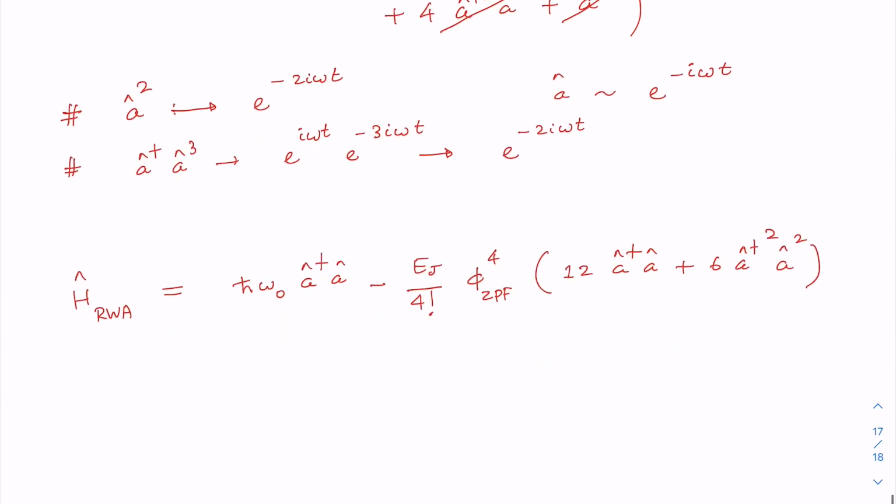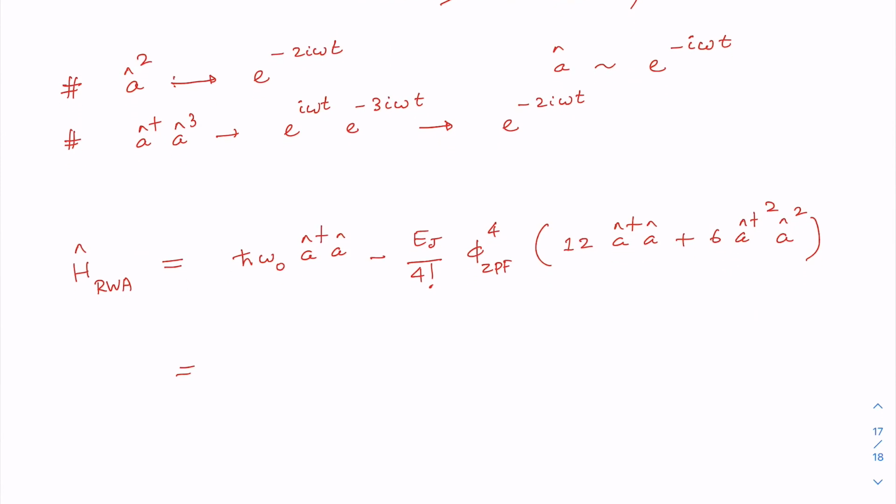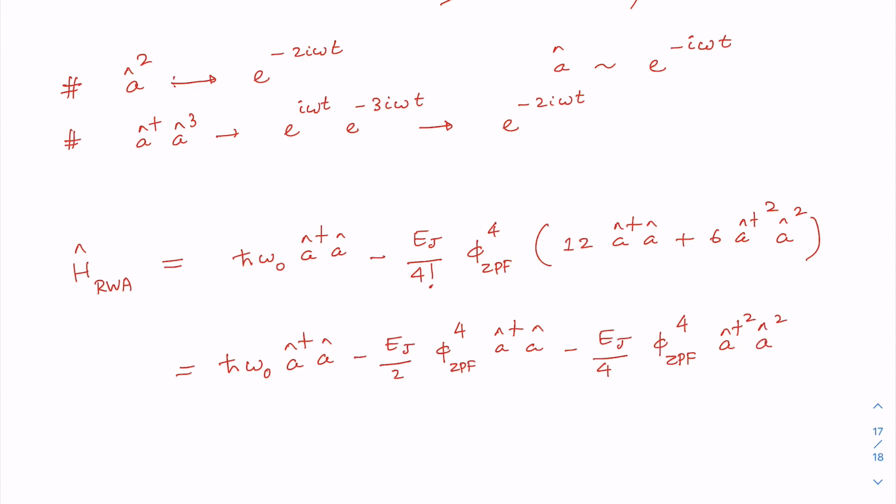All right, now let me simplify this further. We have h cross omega 0 a dagger a minus Ej by 2 phi ZPF to the power 4 a dagger a minus Ej by 4 phi ZPF to the power 4 a dagger square a square.